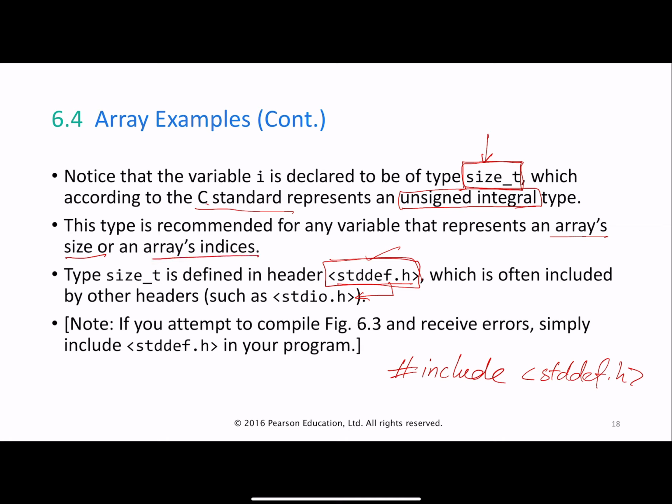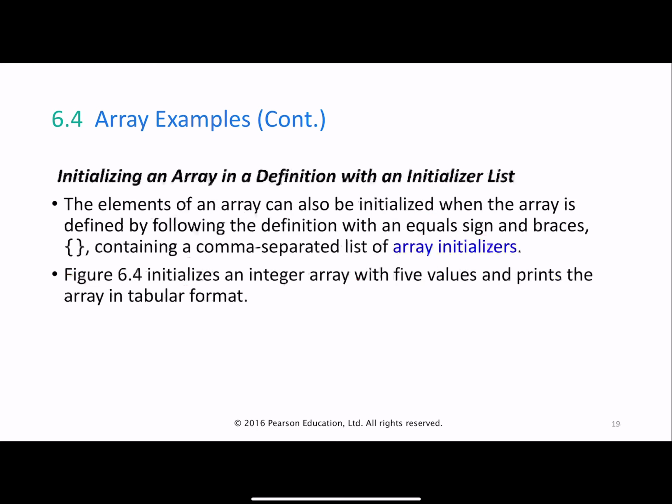So if you want to store an index value into an array. In the example problems that we'll be doing, the codes that we'll be using, it will never make any difference whether you use unsigned int or size_t, but you should be aware that this exists and why and what it's for.